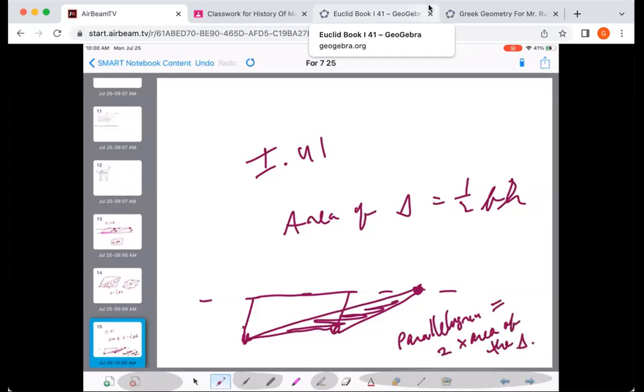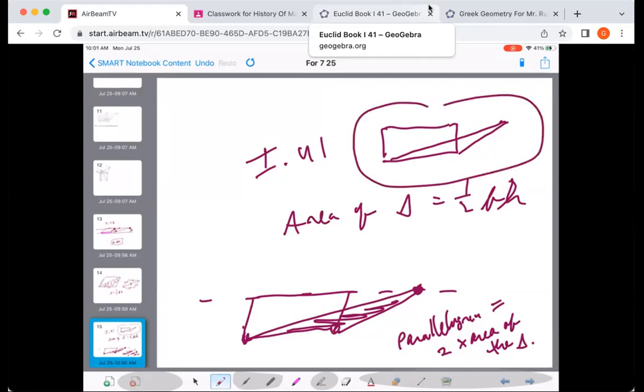So if we ever see a picture that has some kind of parallelogram and some kind of triangle, we'll be able to say that that rectangle in this case is double the area of that triangle. So keep that in mind, because this thing is going to appear 4 times in the Pythagorean theorem proof.